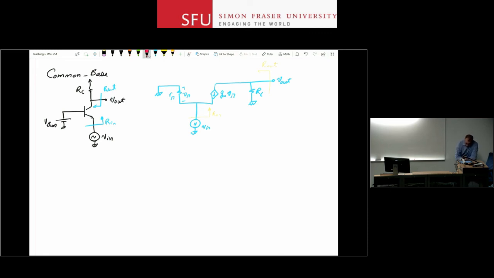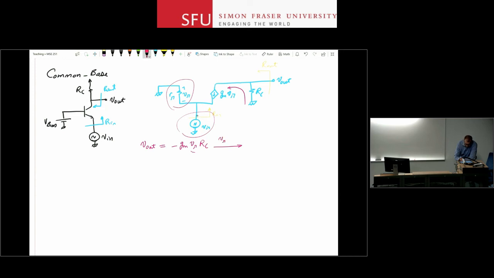So I look at the output circuit, I see that, like many times before, V out is just minus GM V pi RC. I'm going to go through this analysis a bit more quickly because I'm sure by this point you have had enough experience with the small signal analysis. V pi, I look at this circuit, I notice that V pi and V in are applied between the same two nodes, but V pi is minus V in, right, in this circuit, because, look at this.